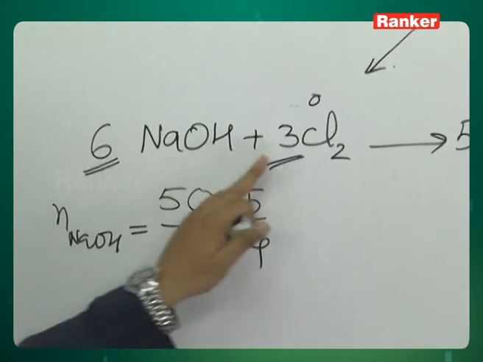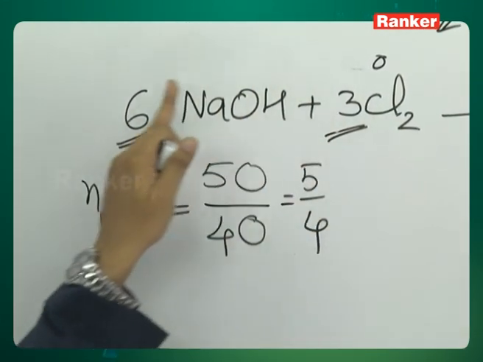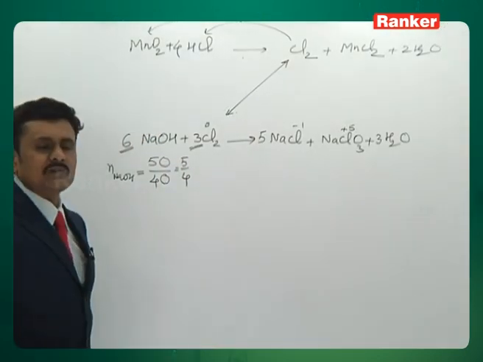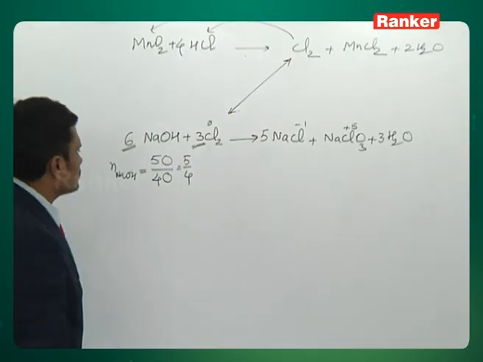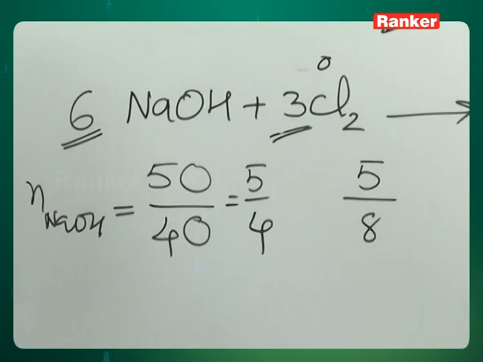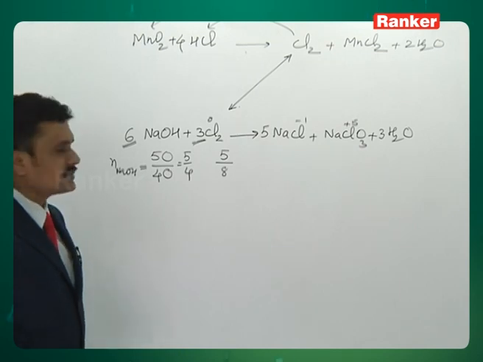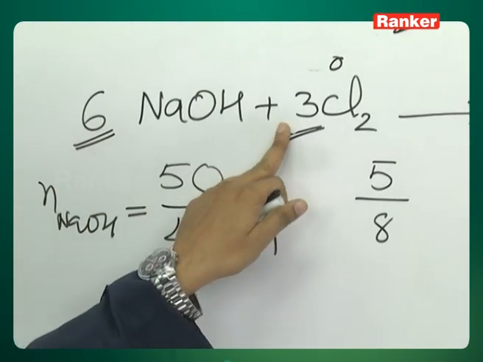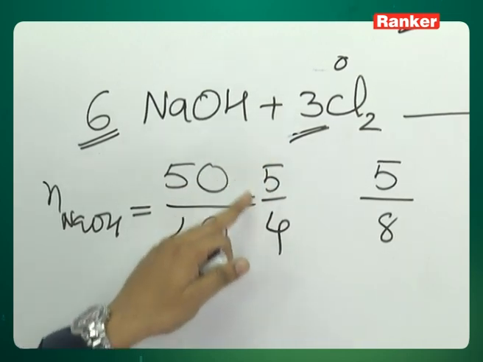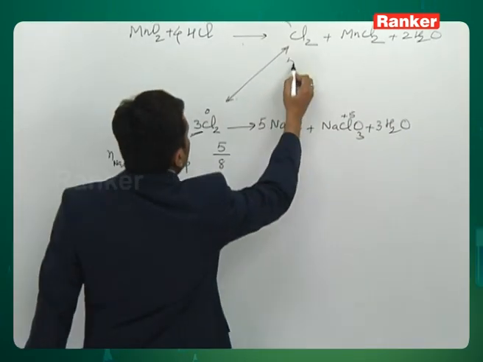Actually 2:1 or 1:1/2. For every 1 mole of NaOH, you get 1/2 mole of Cl2, so for every 5/4 I can expect half of it, that is 5/8 mole of Cl2. 6:3 is the ratio. For every 5/4 I will be getting 5/8 as the number of moles of Cl2.